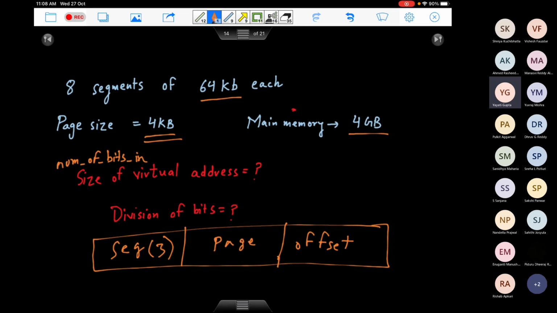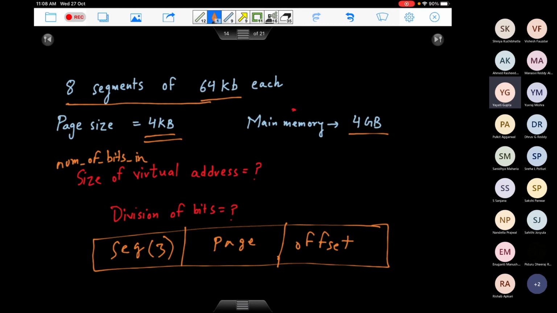Next, how many bits do we need for page? Okay, let's see. So how do we compute it?